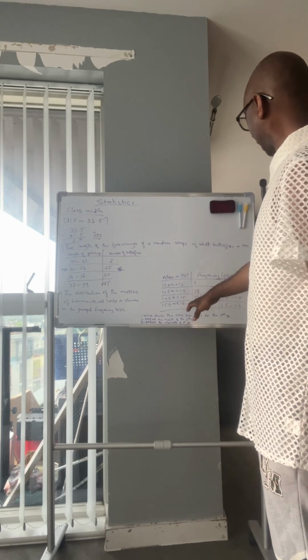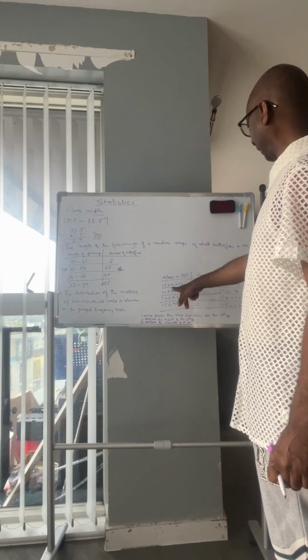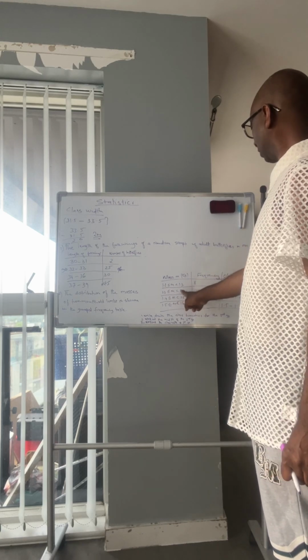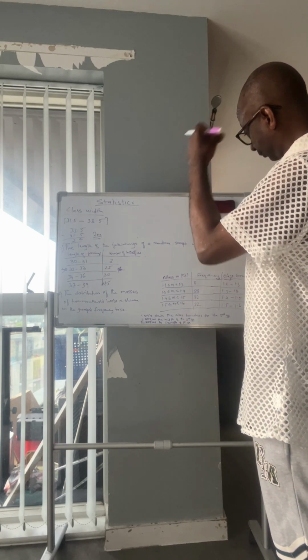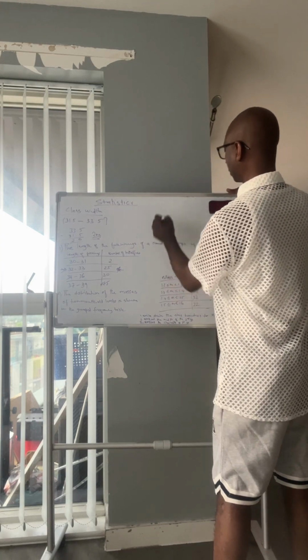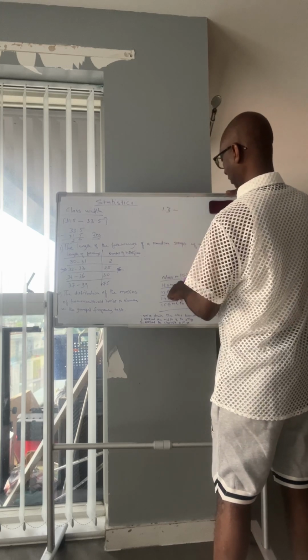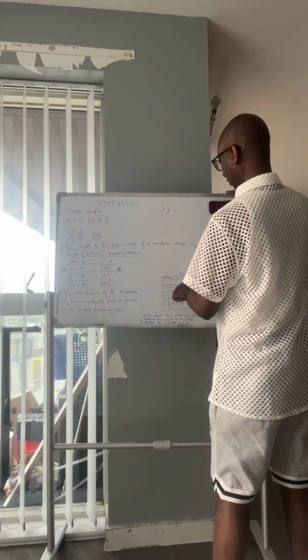So here, if they ask you to find the class width of any one here, you just do direct subtraction. For this top one, the class width is 1.3 minus 1.2.